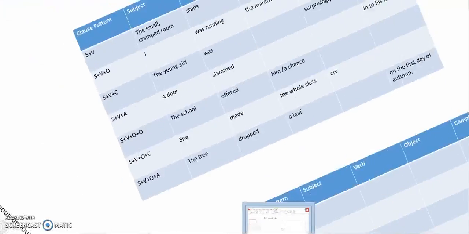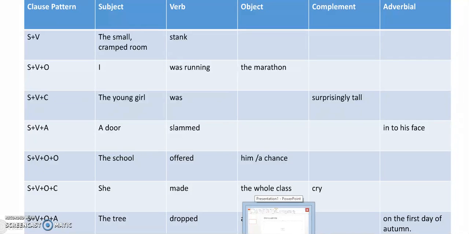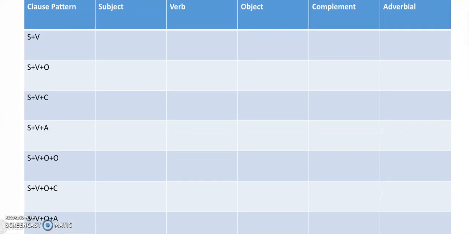Okay, so this is a table that I've filled out. Actually, I'll go to the blank table first. So there's a blank table, and what you can do is print screen this or copy this, write this down, print some of it out, and try to write an example of each of the clause patterns.